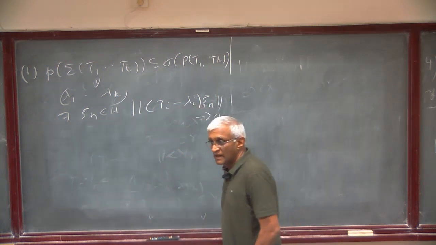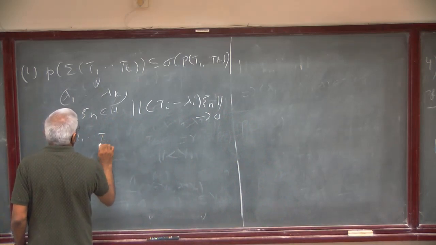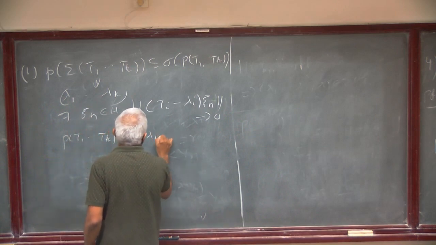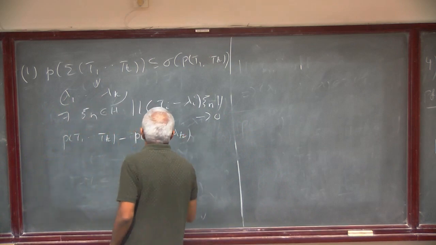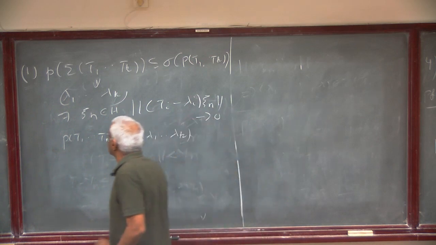Now, if you take P of T1 up to Tk minus P of lambda 1 up to lambda k, this is scalar, you can take P itself, it doesn't matter. You need not consider Q and other things.